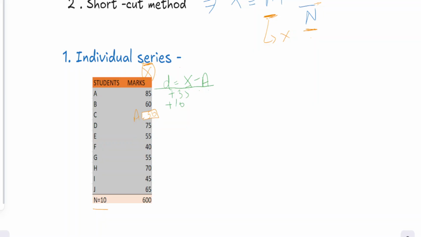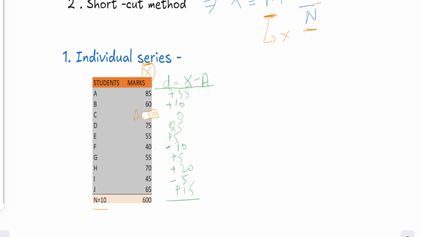Like 50 minus 50, the answer will be 0. 75 minus 50 will be plus 25, that is positive. Then 55 minus 50 is plus 5. Now 40 minus 50 gives minus 10. Then we get plus 5, then plus 20, then minus 5, and plus 50.